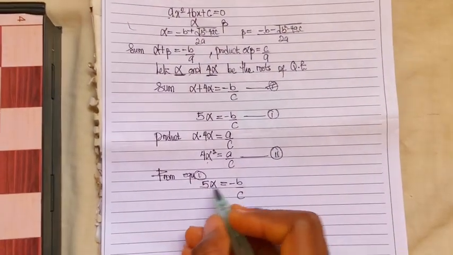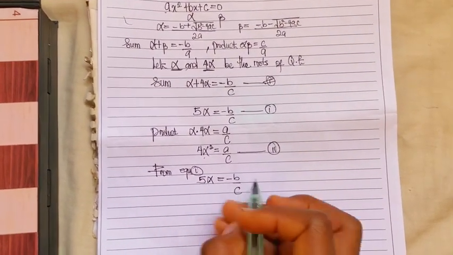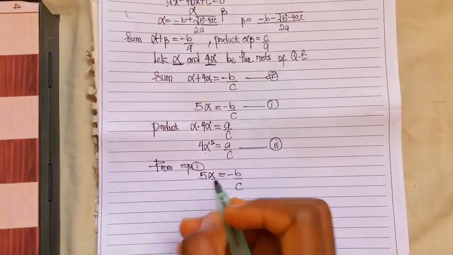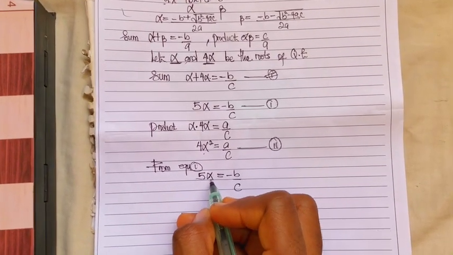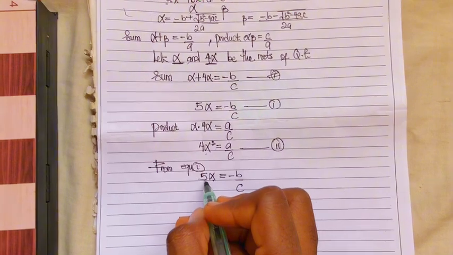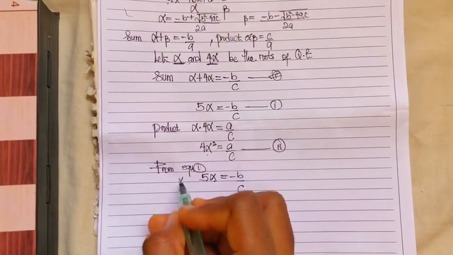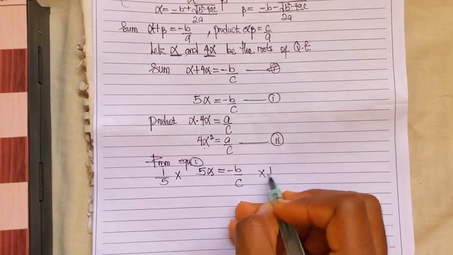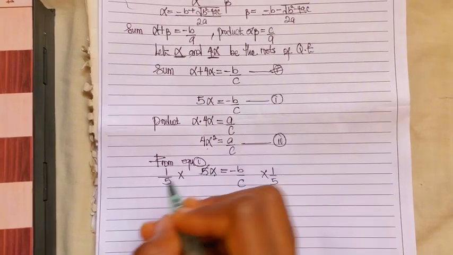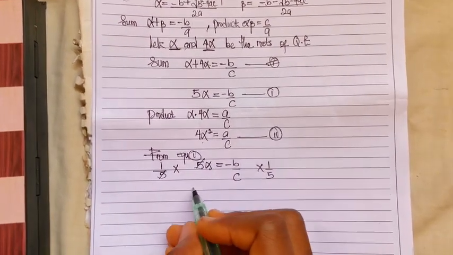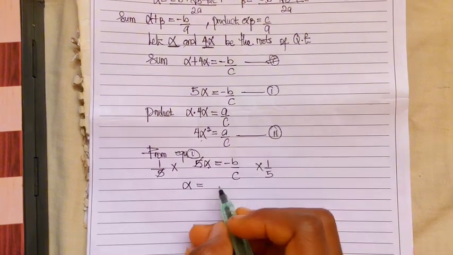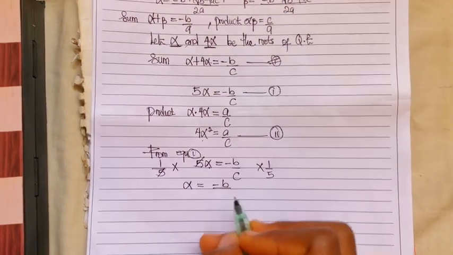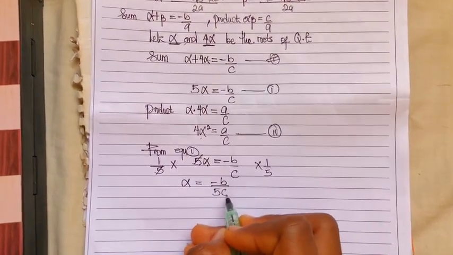To remove 5 from here, I multiply both sides by 1 over 5, the inverse of 5, so this nullifies this. Then I will have alpha equals minus b over 5c.